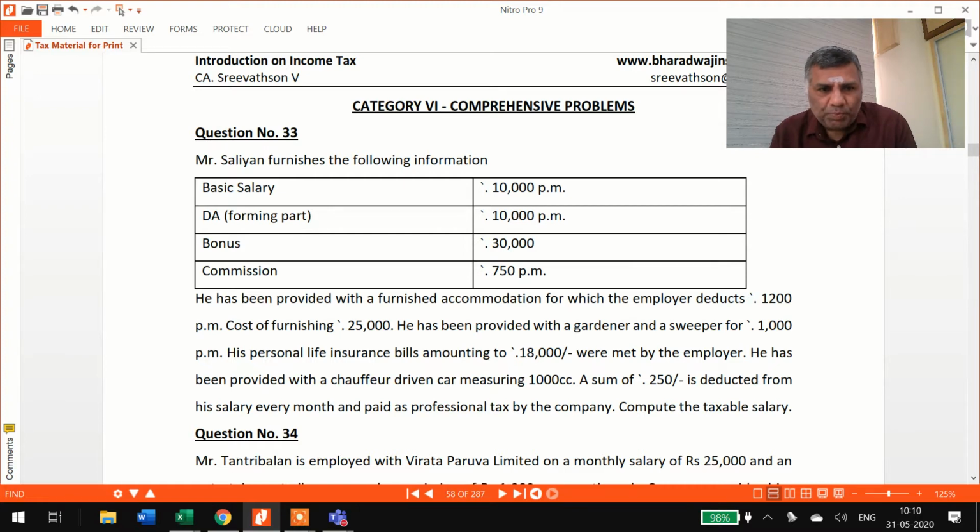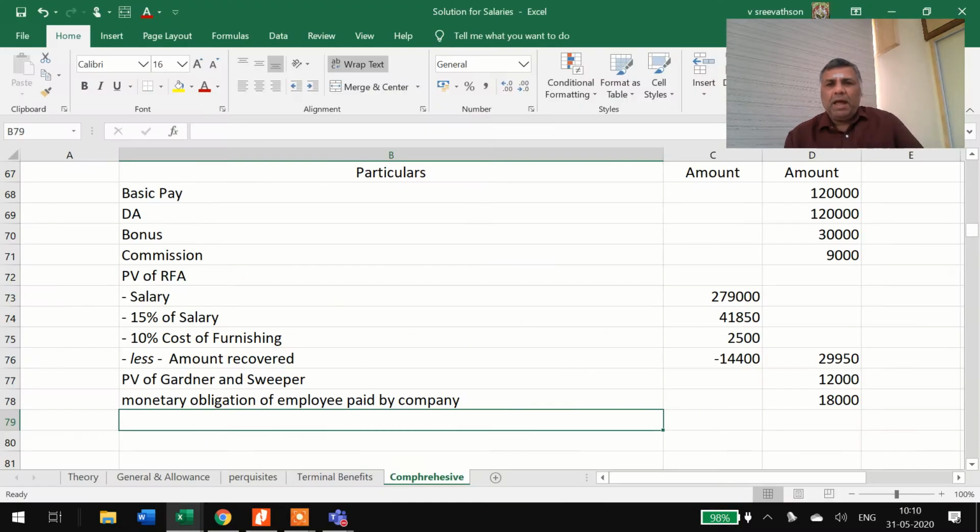He was provided with a chauffeur-driven car of 1000 cc. In the absence of information, the car is owned by the employer, expenses are met by the employer, and the car is used partly for official and partly for personal purposes.